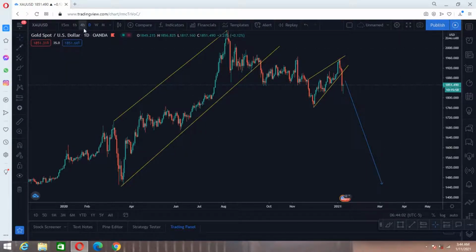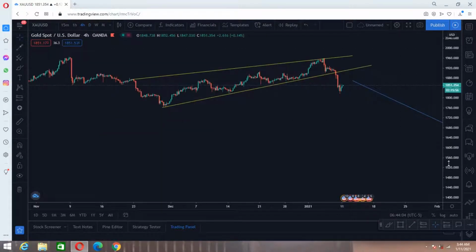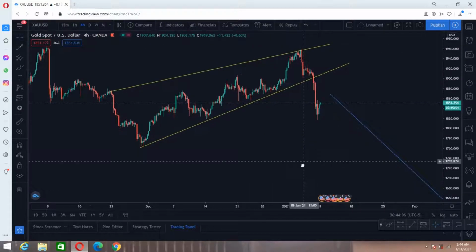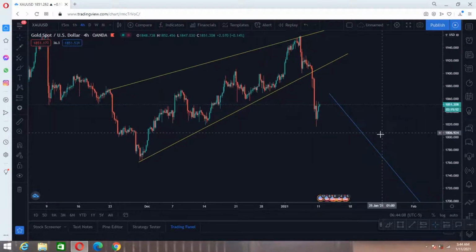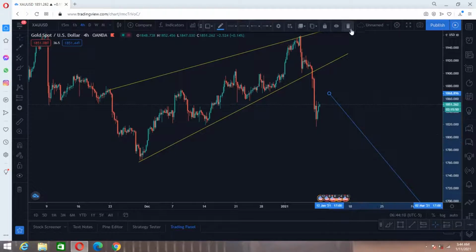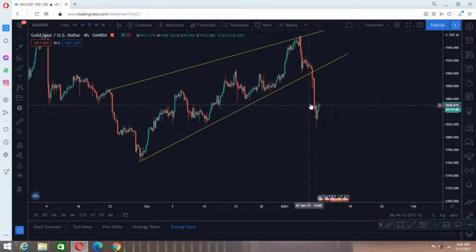Let me just go down to a smaller time frame. As you can see here, this is a strong zone. It wanted to come and correct here, but as you can see, this is a strong zone, so I have to put my sell entries.